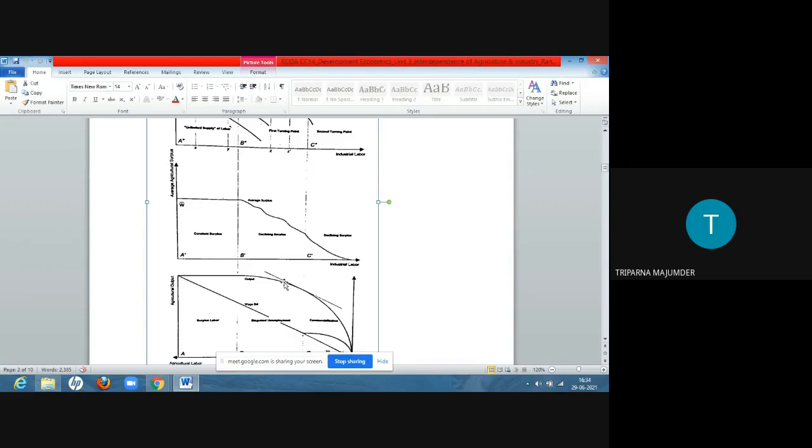This is shown by the decreasing line in the zone B dash C dash.